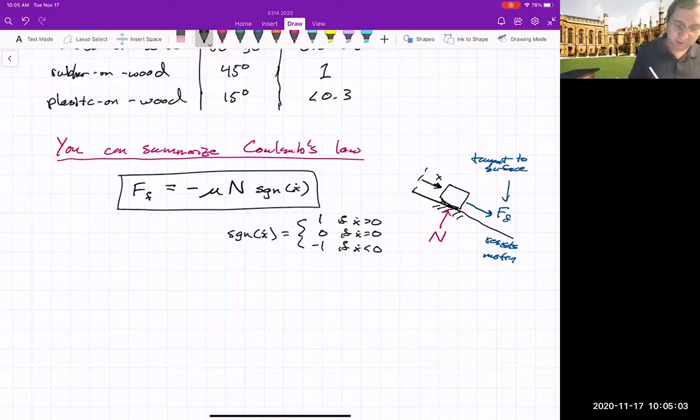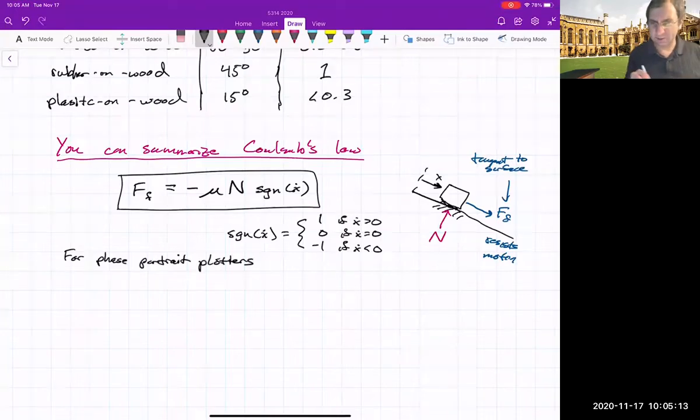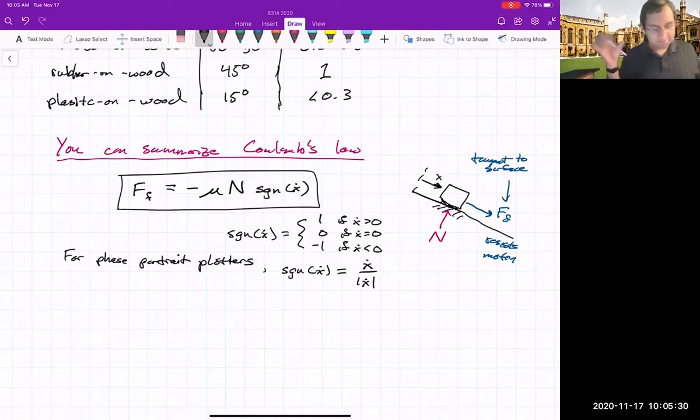Another way to put this, for phase portrait plotters, because I think MATLAB understands, there's some command called sign. I don't know if it's SGN or SIGN. But sign of x dot can be written as typically x dot over magnitude of x dot. This is, of course, undefined at 0, but leave that aside.